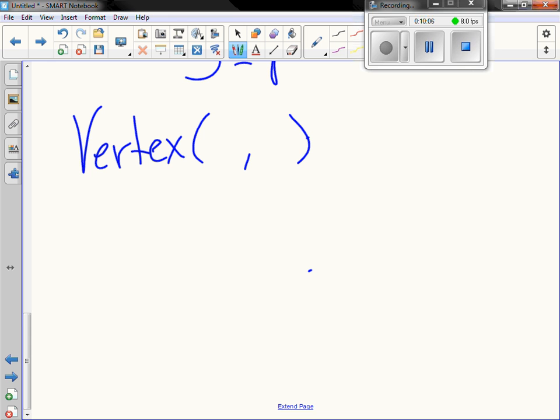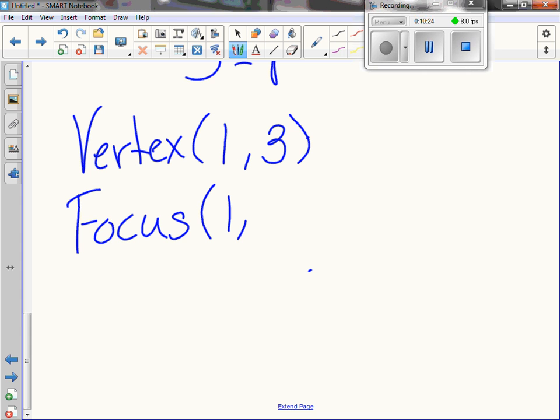And we said the value of h was? No, it was just 1. And the value of k was 3. Now our focus was h comma, so just h was by itself, comma, k plus p. Would be 3 plus, which is?